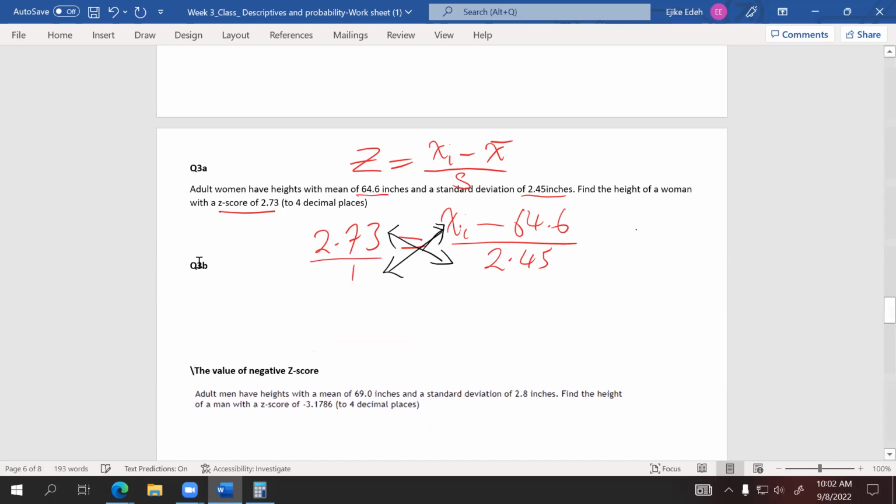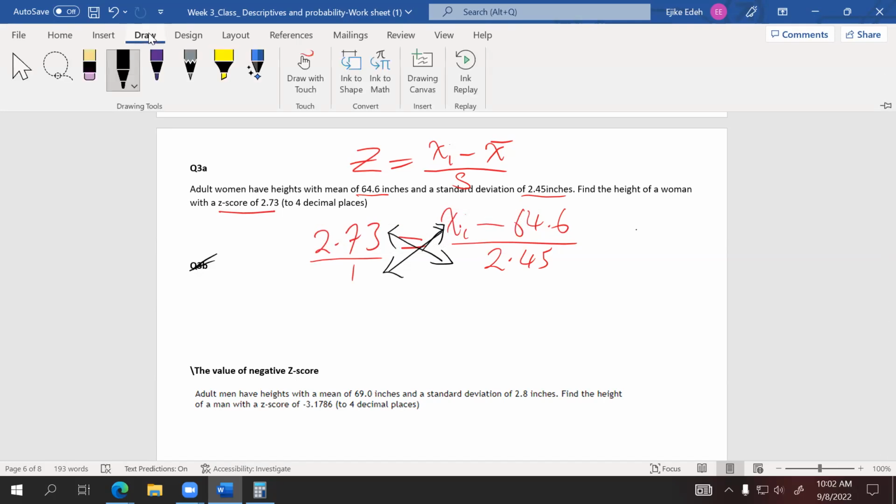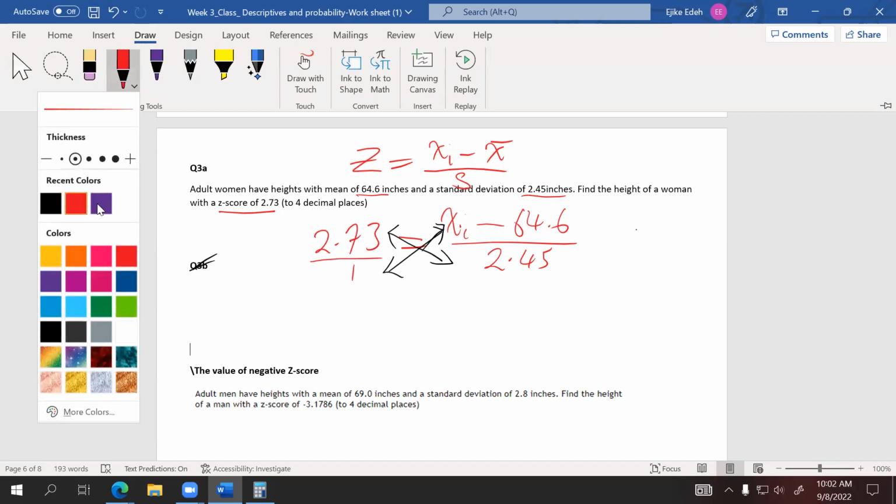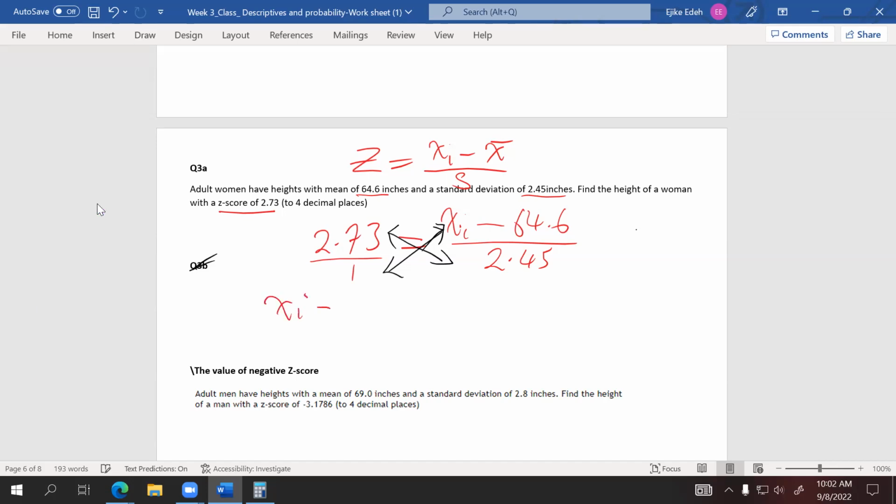You don't have to do what we're doing right now. Okay. So if we multiply across, then we have that xi minus 64.6 is equal to 2.73 times 2.45, right?